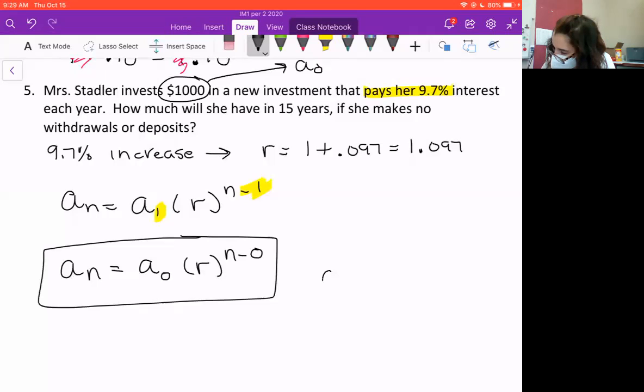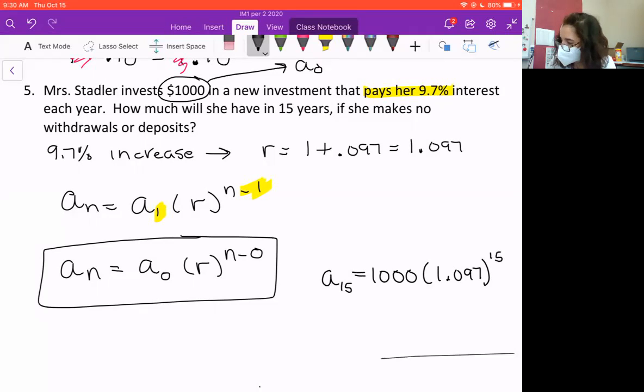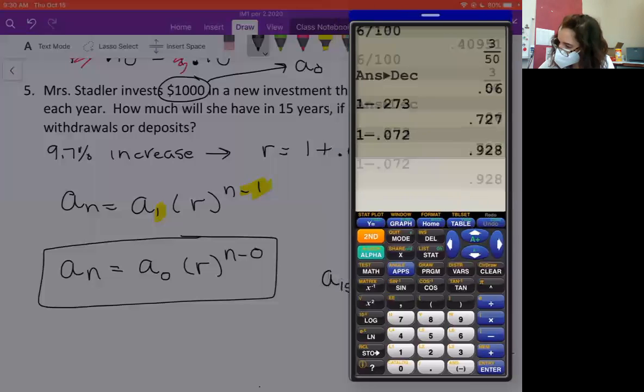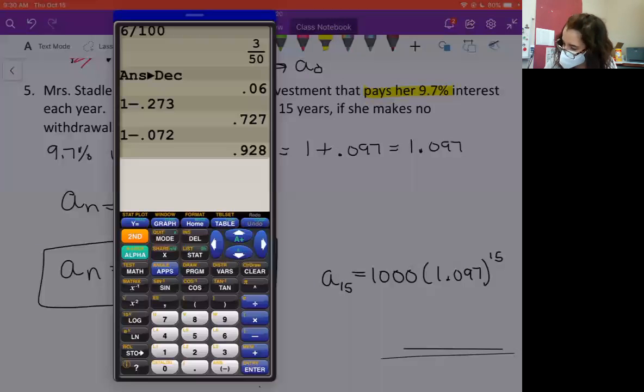So I can figure out that a sub 15, my amount in 15 years, is 1,000 times r, which is 1.097, and then the exponent says n minus 0. 15 is my n, minus 0 is 15. Let me get my calculator here.